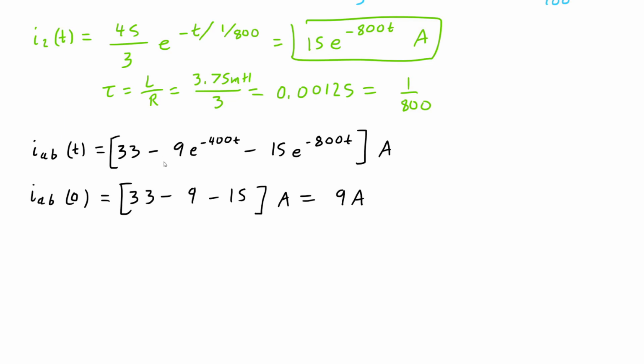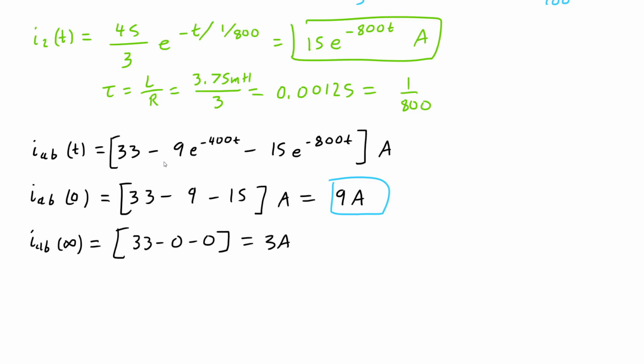So that is the initial current. And we want to find the final current. We're going to put in IAB(infinity). So what happens to e to the minus whatever as it tends to infinity? It goes to 0. So 33 minus 0 equals 33 amps. Not 3, 33.